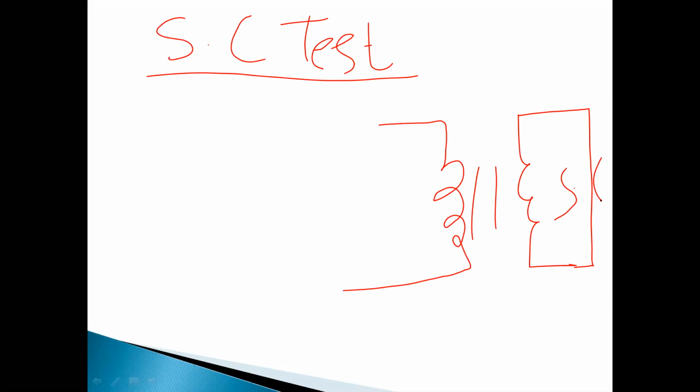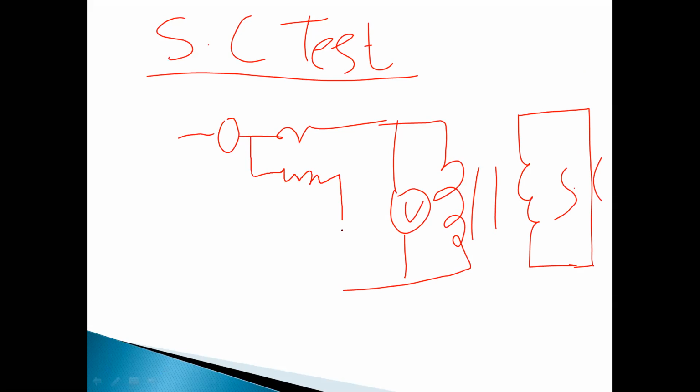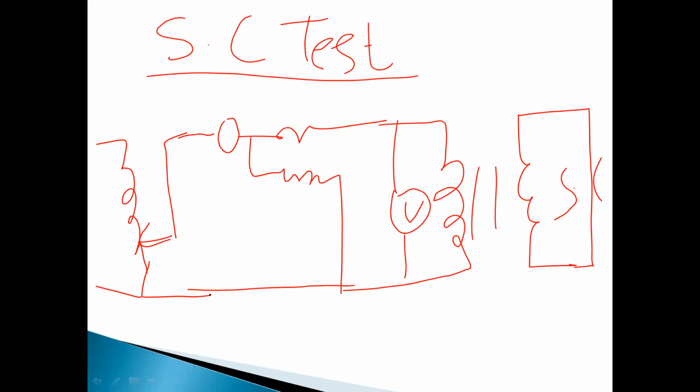We have one ammeter, one wattmeter, one voltmeter, and another auto transformer to give variable supply voltage. So this is the circuit diagram. The HV winding, because the test is conducted on the HV side. The LV side is shorted. And this is the wattmeter.